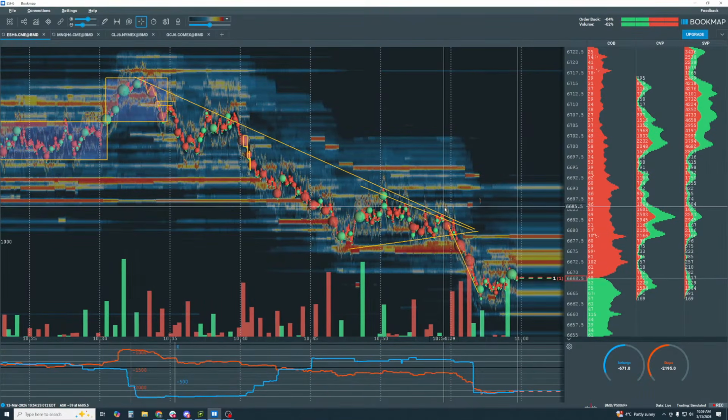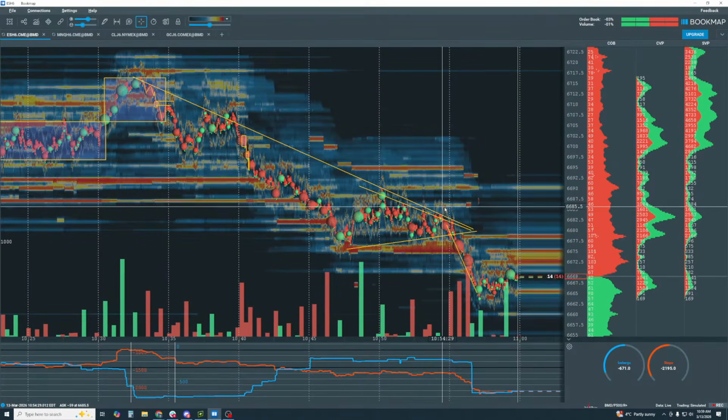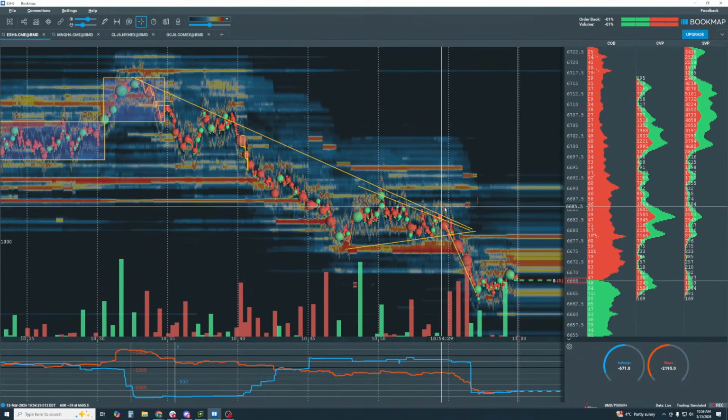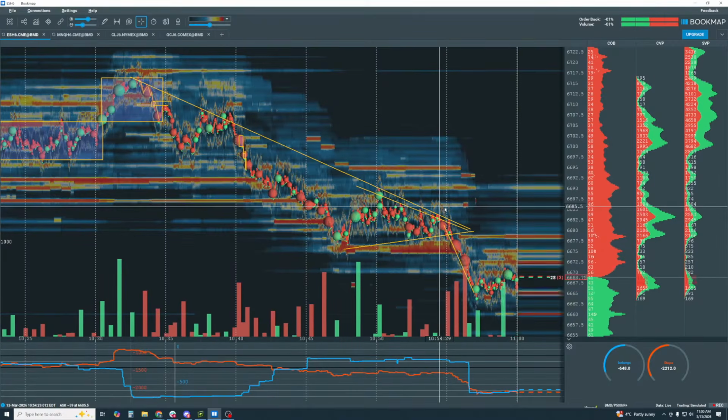Yeah, crude oil, big. Guys, in this environment, the ES is just pushed and pulled, and it's a derivative of crude in essence here.